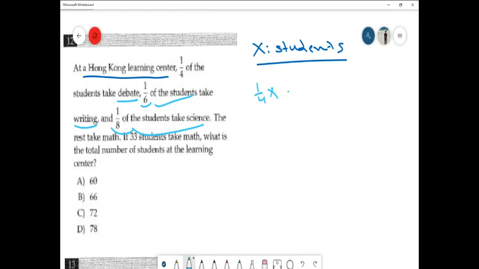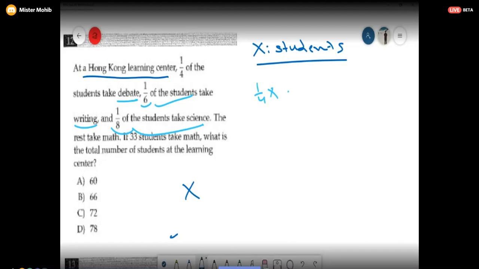So there are 4 courses: debate, writing, science, and math. 1/4 times x, the number of students, is taking debate. 1/6 is taking writing, and 1/8 is taking science, and the rest is taking math. If the number of students taking math is 33, what is x? What's the number of students?